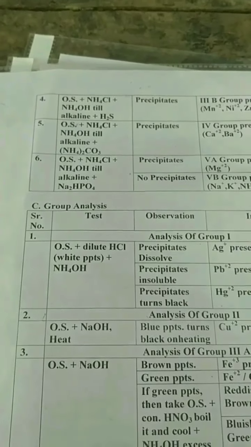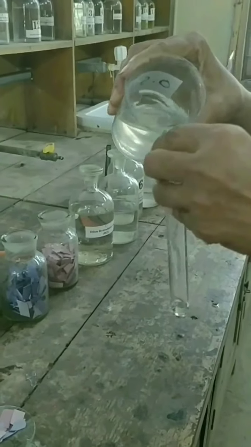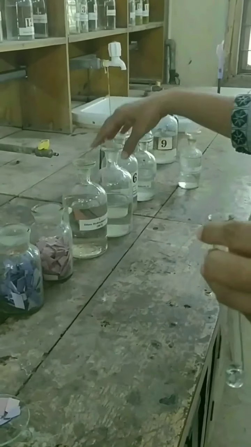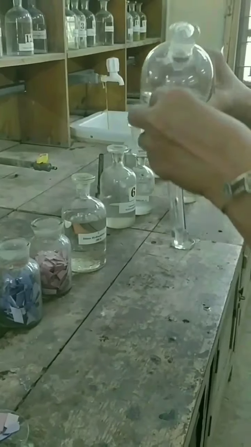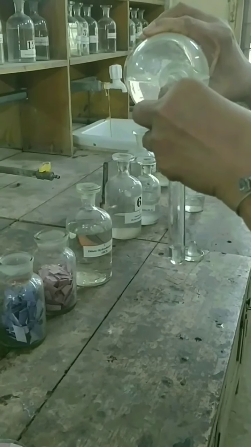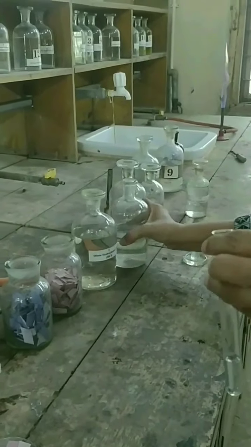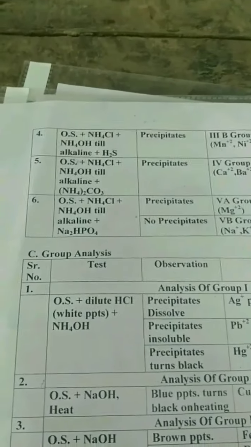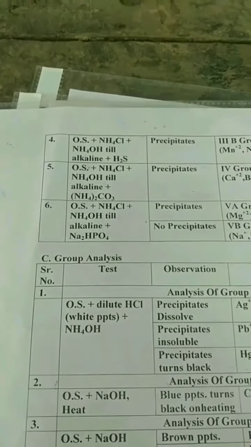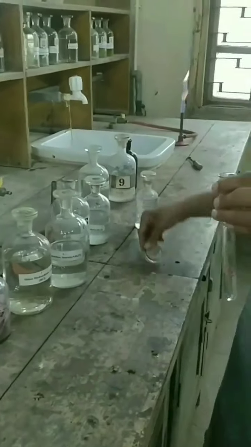So we will proceed to fifth test. For this we will take OS in a fresh test tube. Then we will add ammonium chloride. Then as we have to add ammonium hydroxide till the solution becomes alkaline, so we will add red litmus paper.